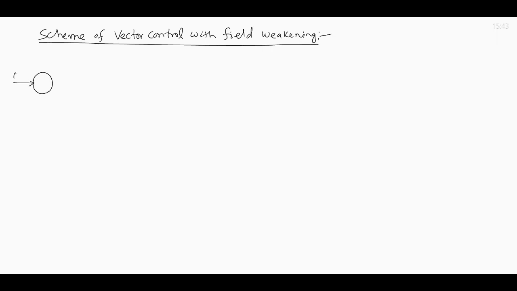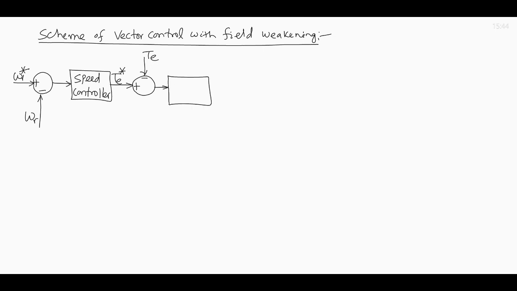We have the command rotor speed omega r star minus actual rotor speed omega r as the speed error, that goes through the speed controller, can be a PI controller simply, and speed controller output is the command value of the torque, that is TE star. Then actual torque TE is also estimated and subtracted from the command value of the torque TE star, and the torque error goes through a torque controller.